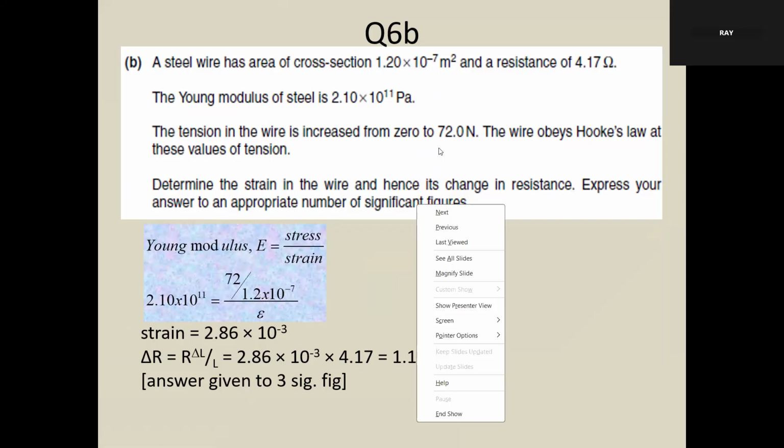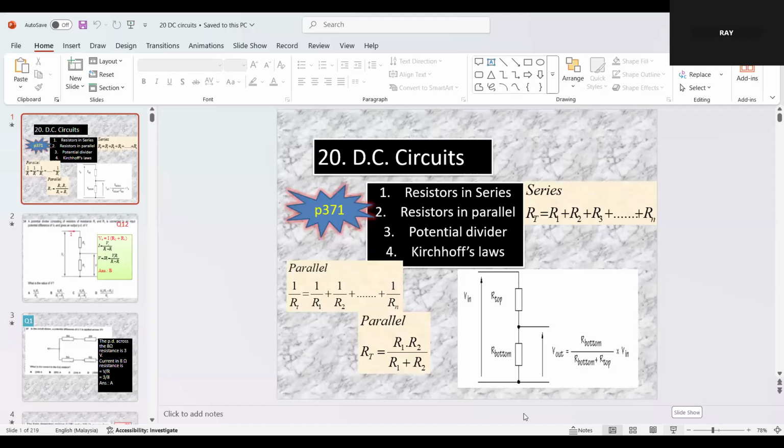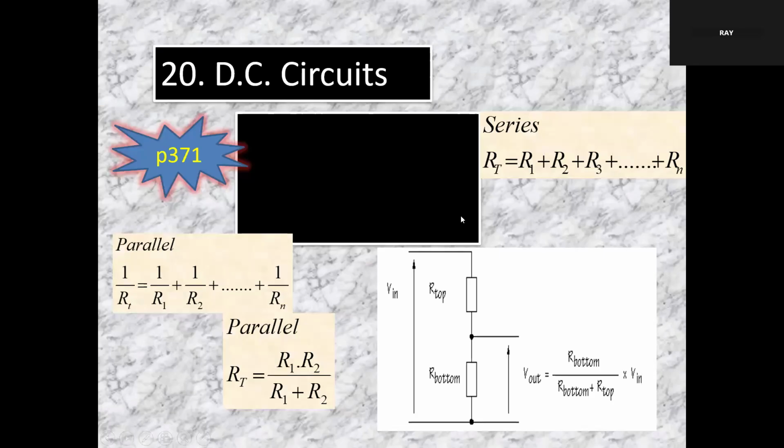Okay, let's go to DC circuit. We are now on page 371.